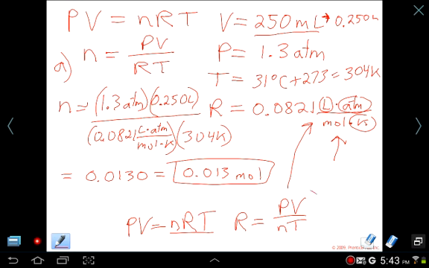So this is just in passing why the units of R are such. And then if you take a look, if we follow this rule, then your equation shows how the units cancel out. Atmospheres cancel out with atmospheres, liters cancel out with liters, and then Kelvin cancels out with Kelvin, and what we are left with are moles. And that's essentially what we want to do here in the end.